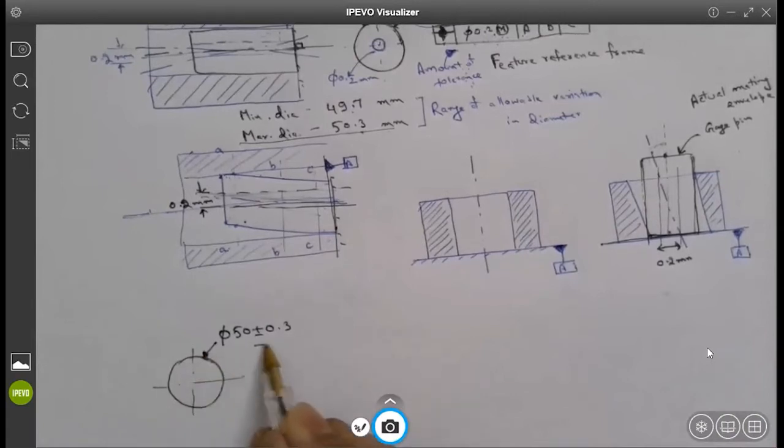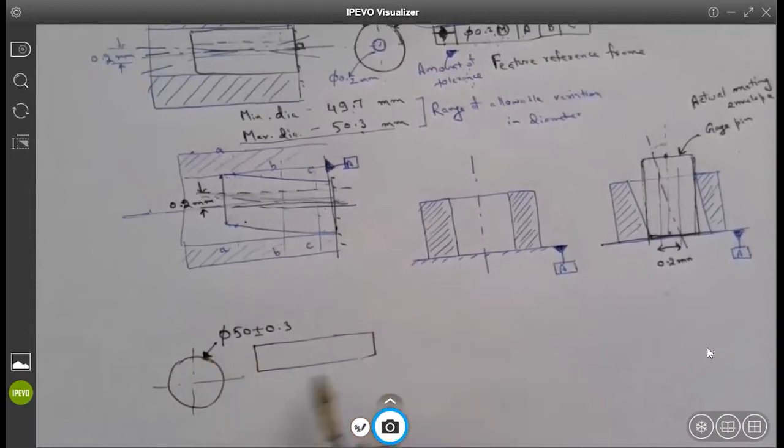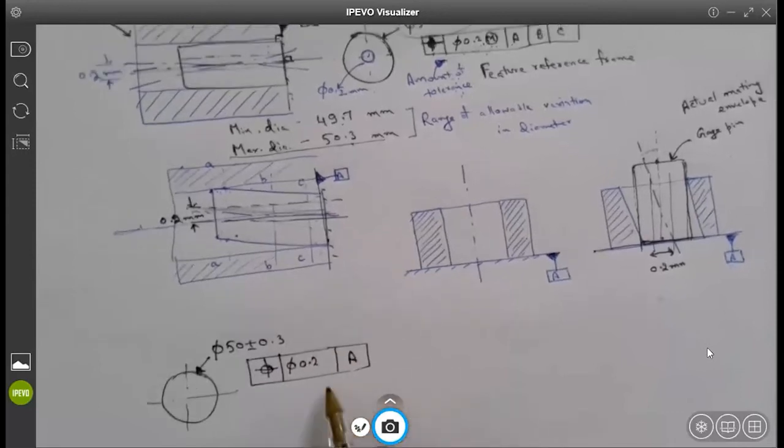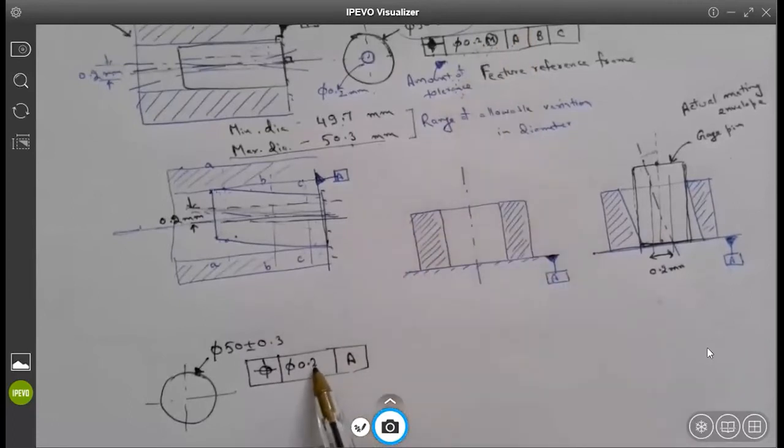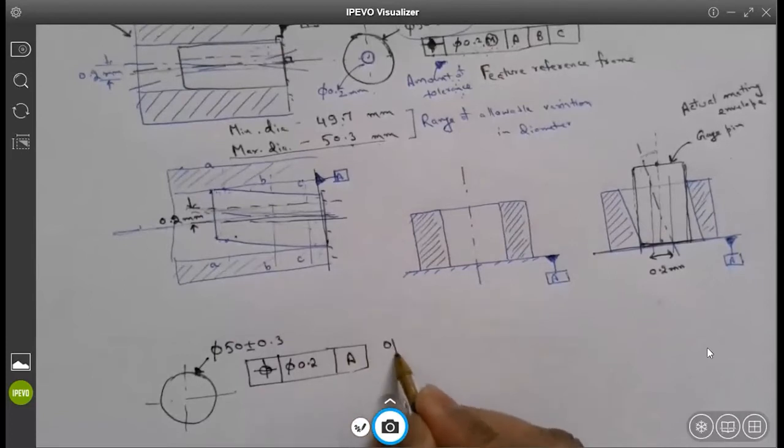The feature reference frame has a position tolerance symbol, and the cylindrical tolerance is given as 0.2 millimeters and datum A. It does not have any symbol like M here, it just has 0.2 millimeters. This is option 1.